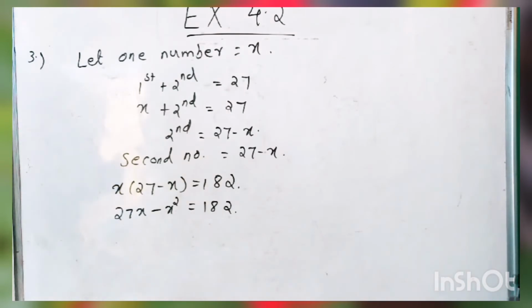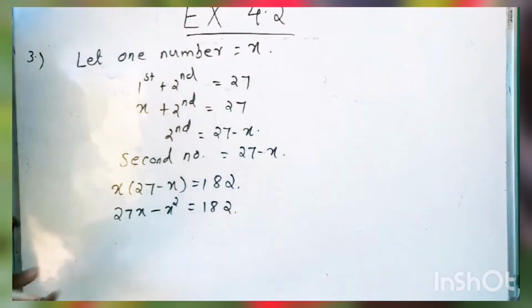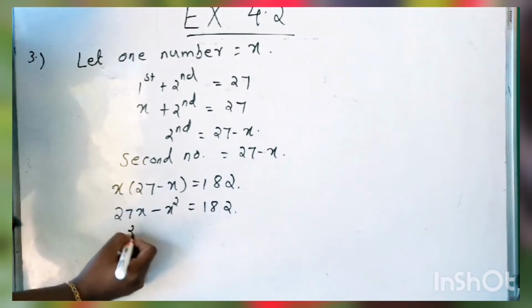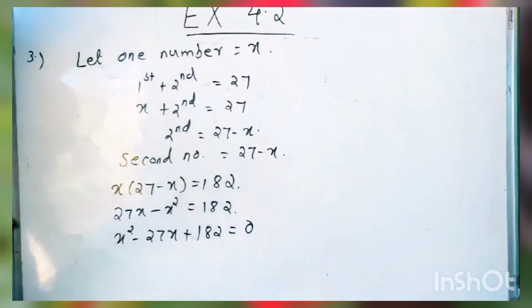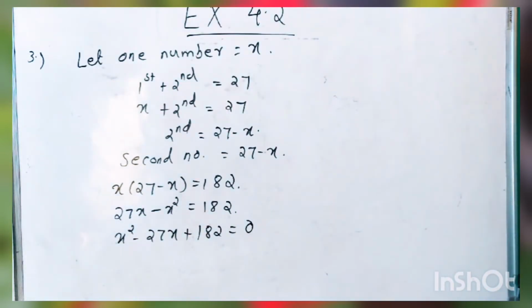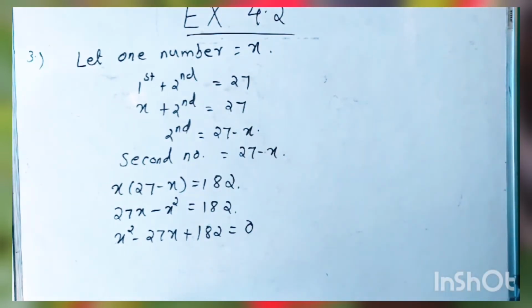Actually, it is better to keep the coefficient of x square positive. So we will take all the terms to this side. Then we will get x square minus 27x plus 182 is equal to 0. So this is our quadratic equation.